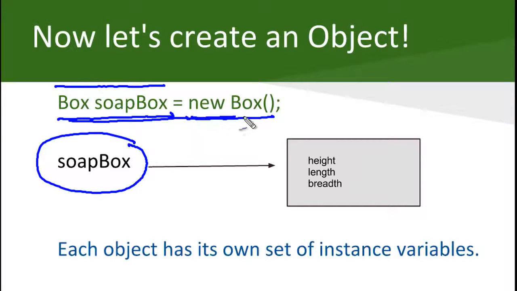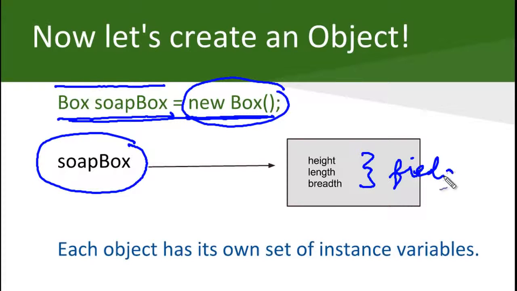And when I write new Box, this is basically the class name and the open close parenthesis and a semicolon. This whole statement is creating an object with its set of fields or instance variables, and the reference variable soapbox is referring to this object.